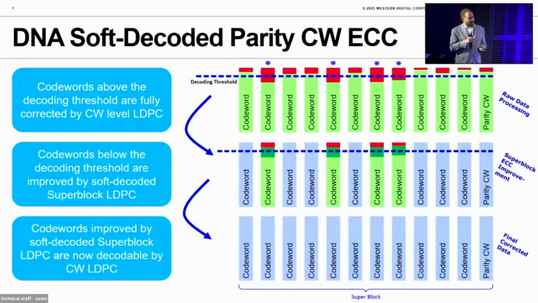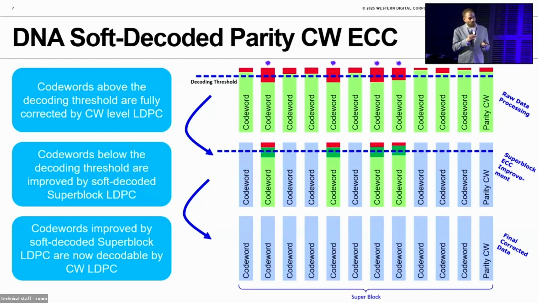If we apply that very similar concept, the only thing I had to change on this slide is that instead of saying data sector, we just replace the word with code word. I don't care what went in that code word. It's still the same LDPC code word design. It could be many oligos that are participating in that, but we can still apply the same type of technology. We still define a decoding threshold that determines whether I can actually decode that particular code word.